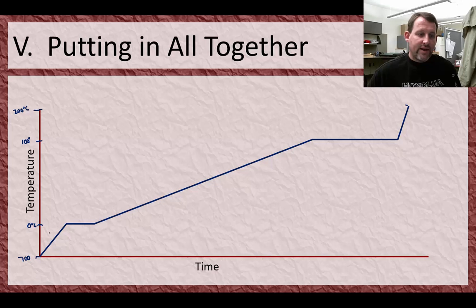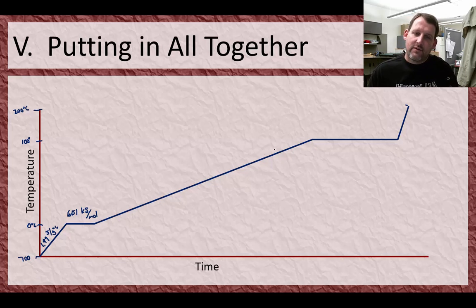So now down here, the numbers we need is for this part when we're heating ice, we need to know the specific heat of ice, which is 1.99 joules per gram degree Celsius. And across here, we need to know that number for the heat of, or the enthalpy of fusion, which for water is 6.01 kilojoules per mole. And then through this part, we're going to be heating water.